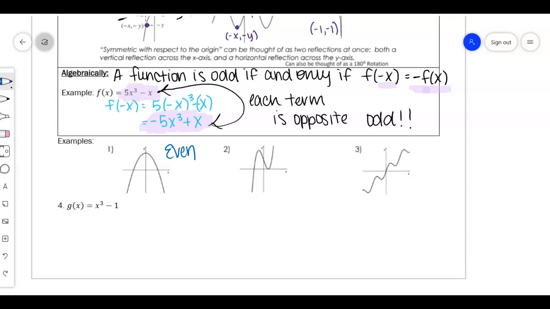Number 2, just looking at it, a lot of times students think that it's odd just because it has this curve right here and it has a curve over here also. However, if you picked a couple points and rotated them, so for instance, I'm just going to guess and say that this point is (2, 0). That means that another point should be (-2, 0) if it has that symmetry.